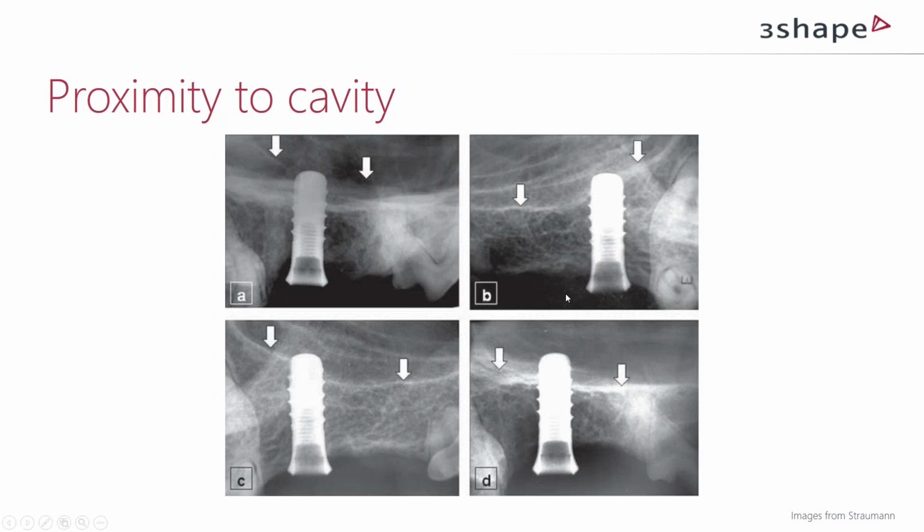So I think I participated in one of your trainings some time ago, and one of the things you mentioned there is, where there's no bone, there will never be bone, unless we do something to overcome it. And of course you mentioned grafting and different lifting techniques of the sinus. But really it's important that if there's no bone when we place the implant there, nature will not do magic.